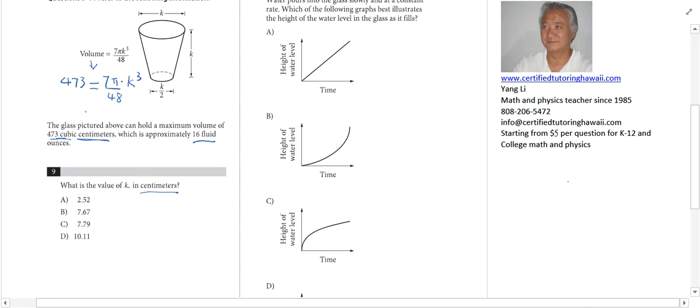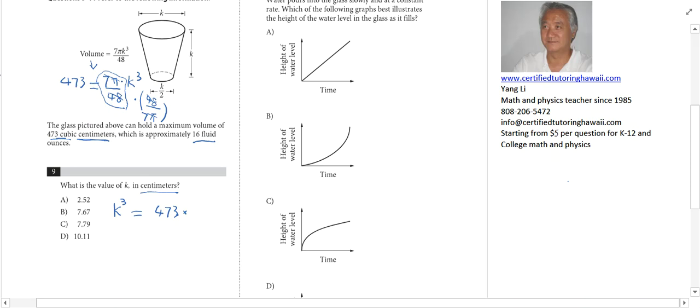Now how do you find K? So I'm going to continue here, okay? So K cubed will be equal to 473, and then you multiply by the reciprocal of this one on both sides. On this side you multiply by 48 over 7 pi to cancel this one. 7 pi cancels, 48 cancels.